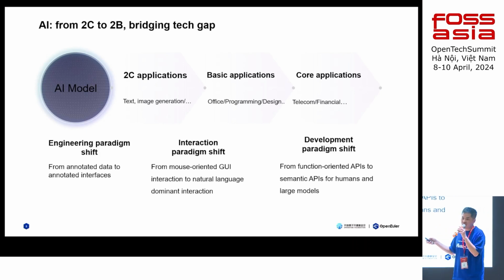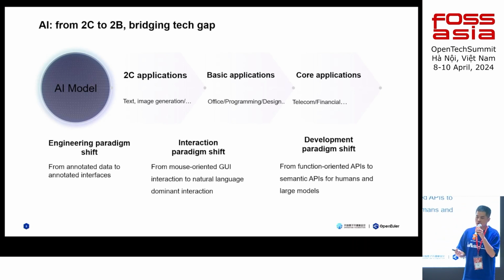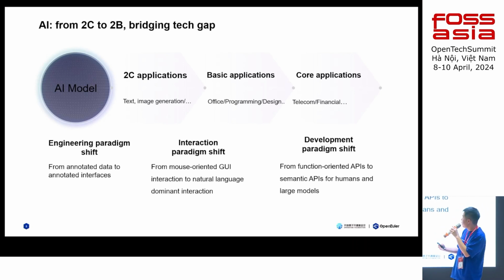For our 2C scenario, users often want text generation or image generation, maybe video. As you know, OpenAI released the Sora model last month, right? So maybe video generation from our large language model.